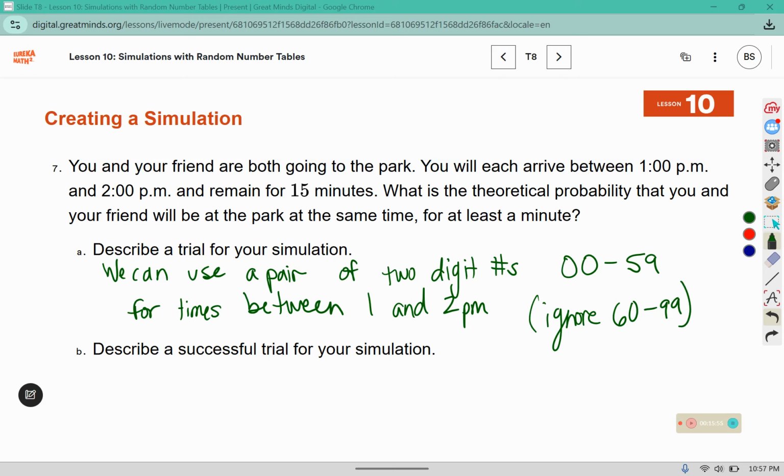Describe a successful trial for your simulation. We're going to find the difference between the 2-digit numbers, and then the trial is a success if it's less than 15. Because that would mean it overlaps at some point within those 15 minutes.